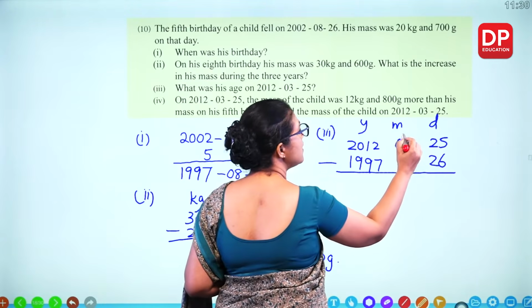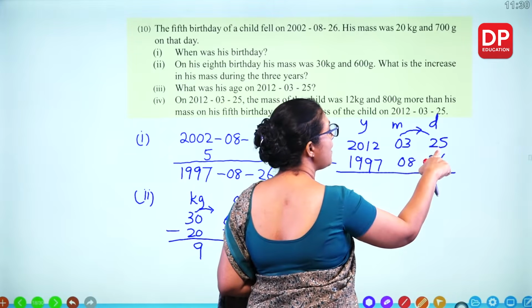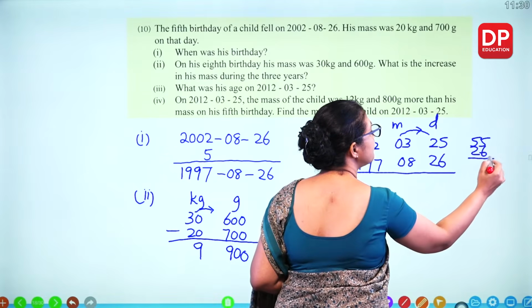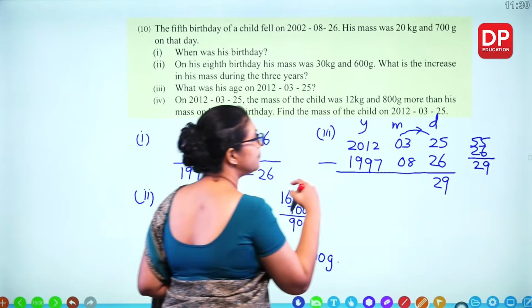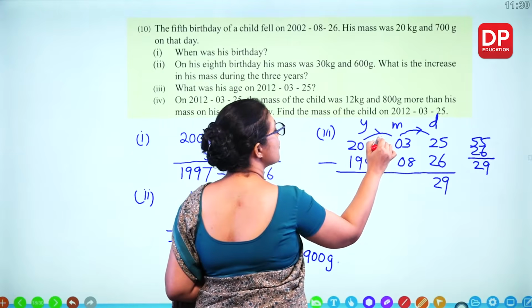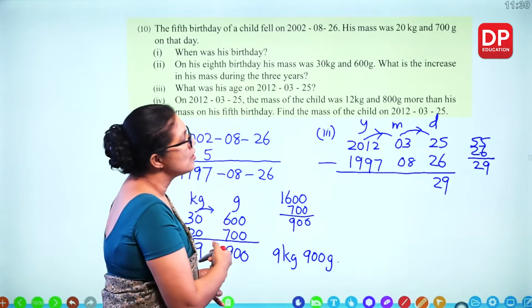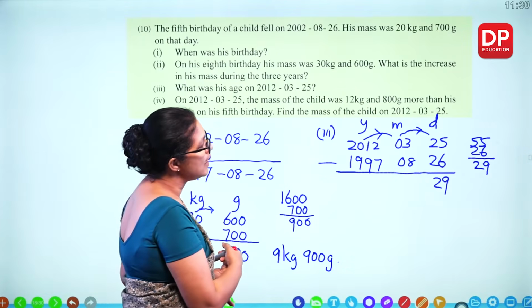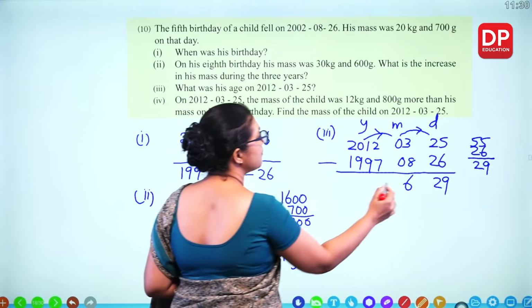Can't subtract. Here, take 1 month. That means 30. 30 plus 25, 55. 55 minus 26, that's 29. This becomes 2 now. You can't subtract 8 from that. So take 1 year, that means 12 months. 12 plus 2, 14. 14 minus 8, that's 6 months.